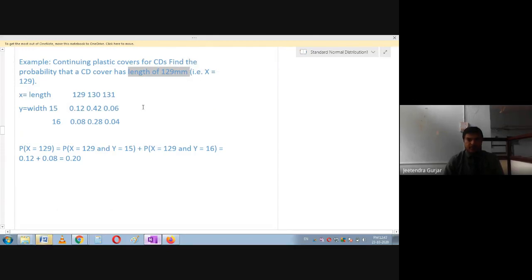Please remember this. For 129, there are two widths, that is 15 and 16.